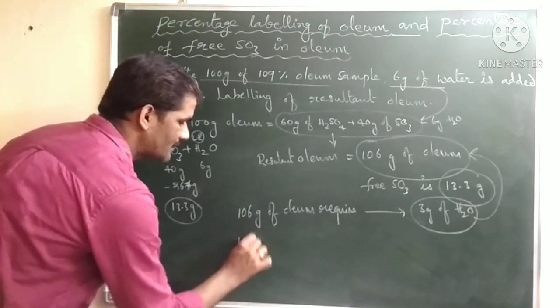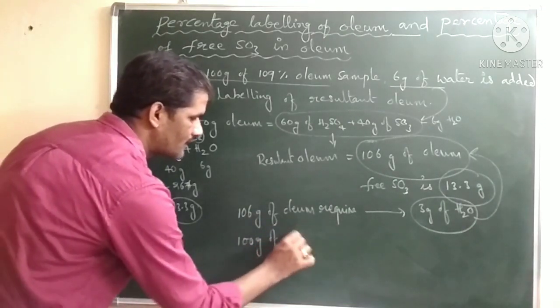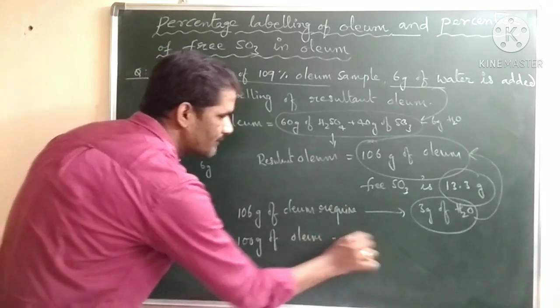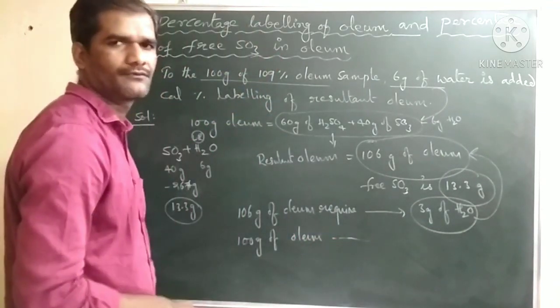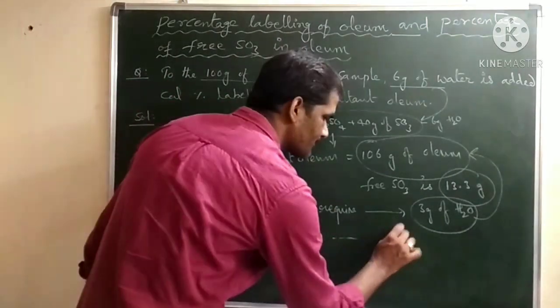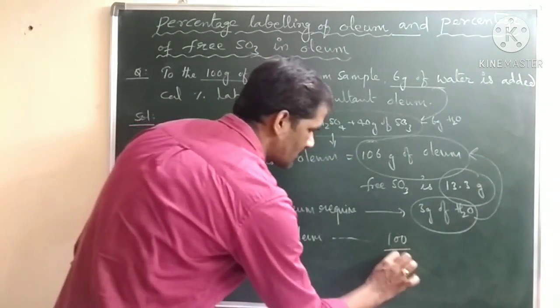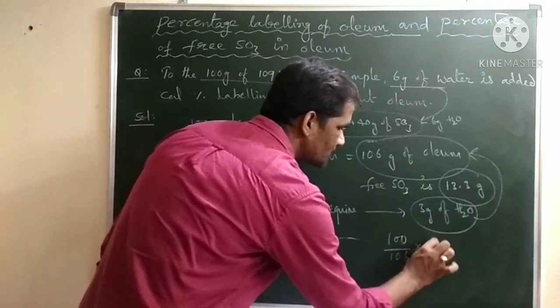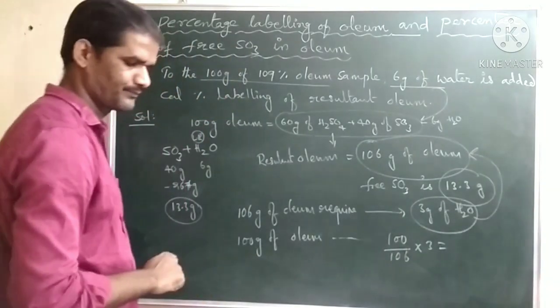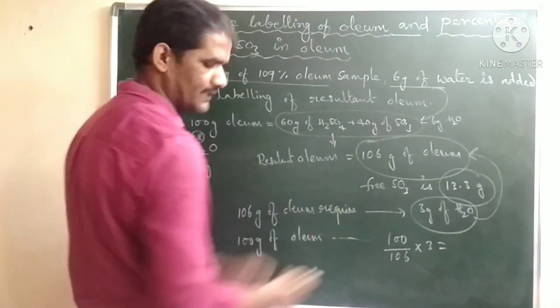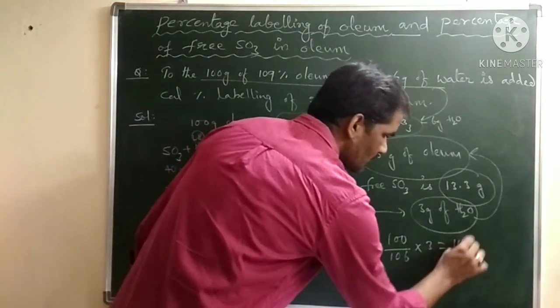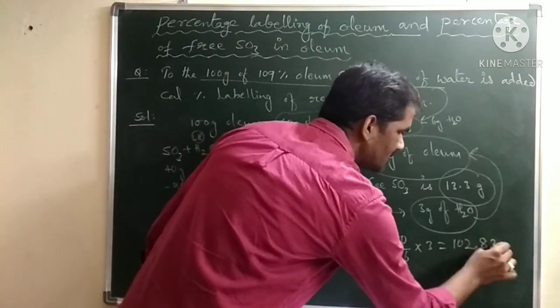Then we have to calculate for 100 grams. 100 grams of oleum requires how much amount of water? 100 by 106 into 3. So if you do the calculation, that will give 102.83%.